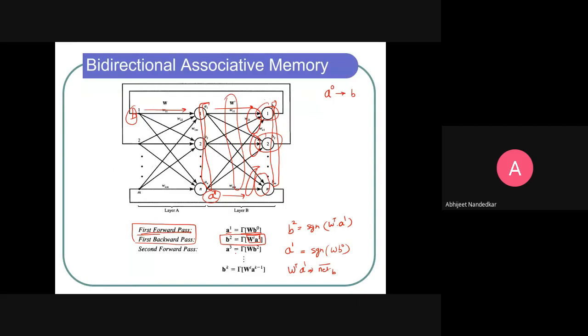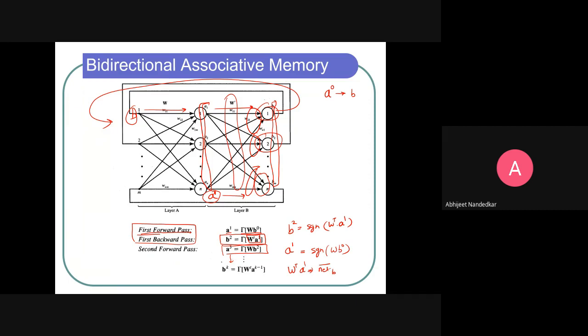So you can further process by taking this new calculation back. That will give you a new A, and again you pass it on and you will get B, again you pass on.